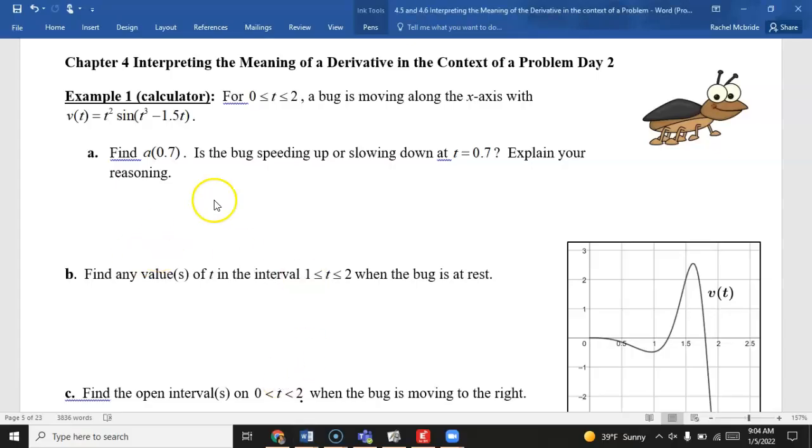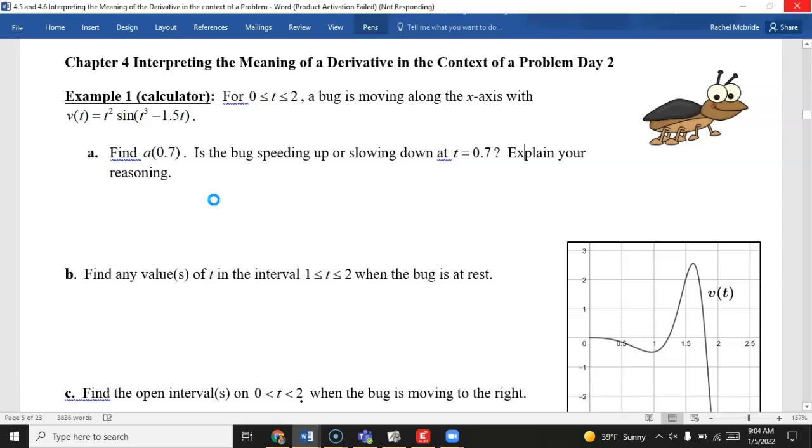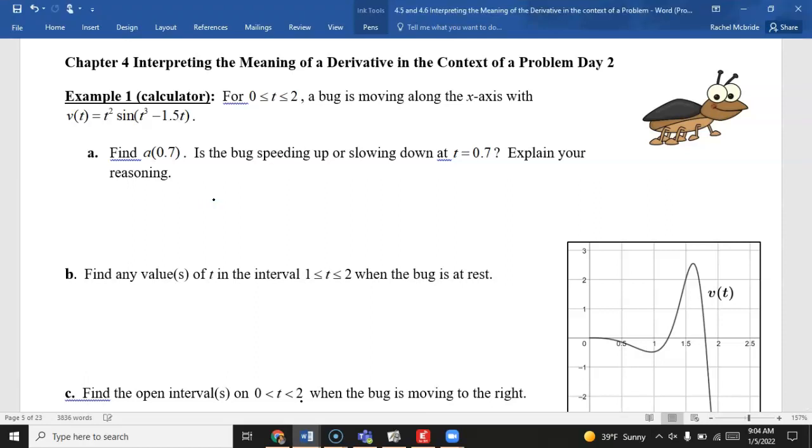So it says find A of 0.7. So A of 0.7 is negative 0.9205. And then it says, is the bug speeding up or slowing down? Well, the only way to answer that is to also know V of 0.7.